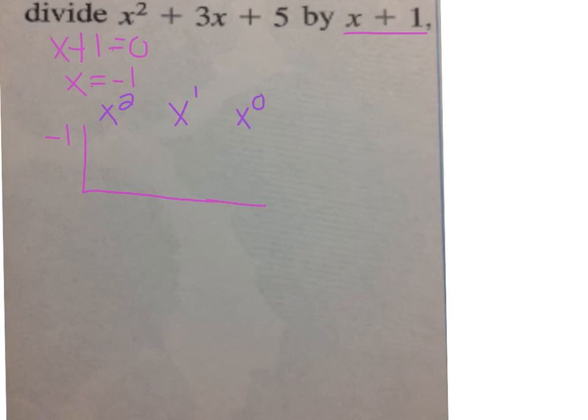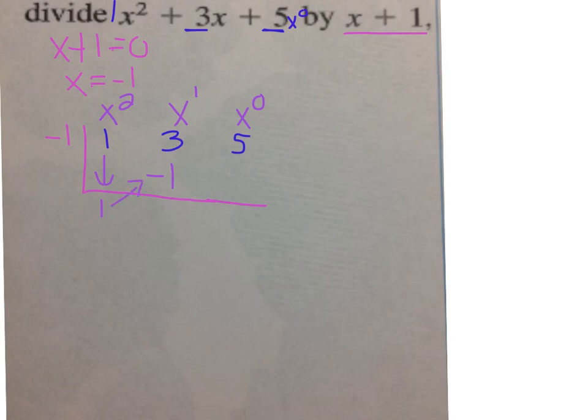So then the next part is to find our coefficients. So in front of x squared, my coefficient is positive 1. In front of x, my coefficient is positive 3. And in front of x to the 0, remember, if it's just a constant term, it's x to the 0, that's going to be positive 5. Alright, so our first step is that we're going to bring this guy down. So we bring 1 down. 1 times negative 1 gives us negative 1.